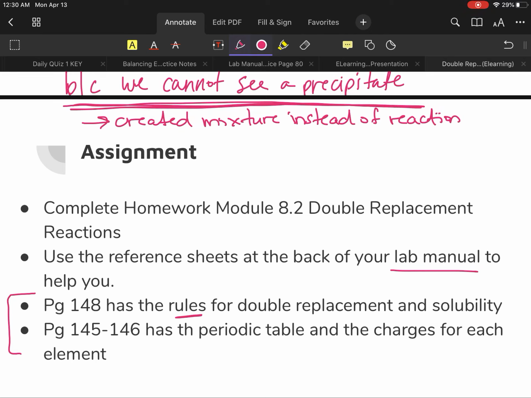That'll help you because it has the rules, and then this one is the charges sheet. I think it's page 146. That's the same page that's on the back of our periodic table that we use in the classroom. So it's the page that you're used to seeing. Same thing with the reference sheet. It's the same thing as the yellow sheet. It's just yours is white. So it's the same sheet that you're used to looking at in class.